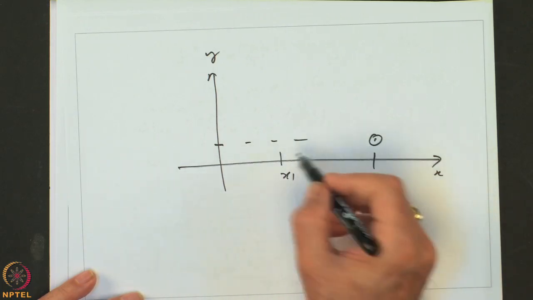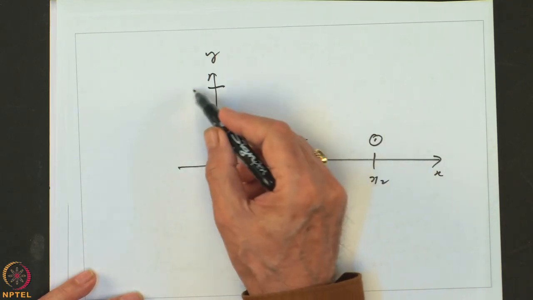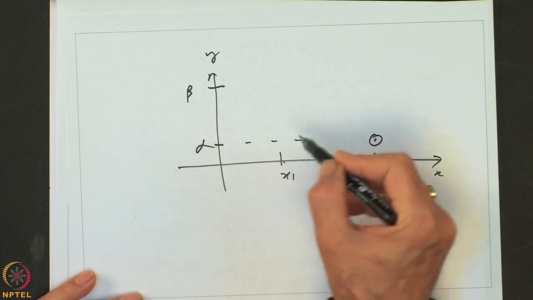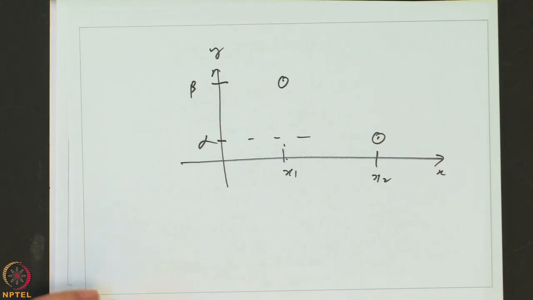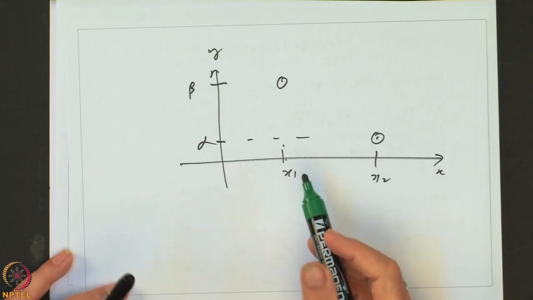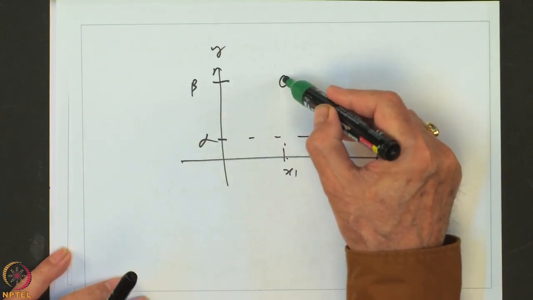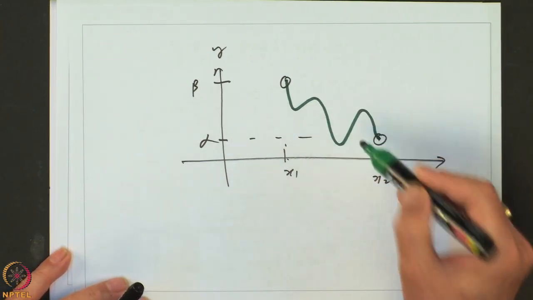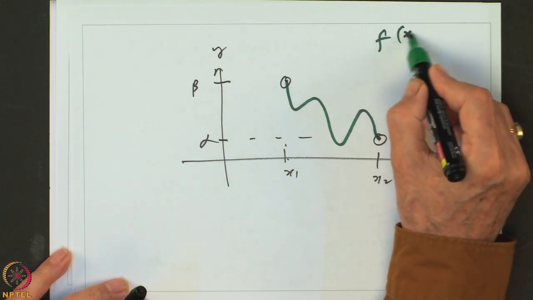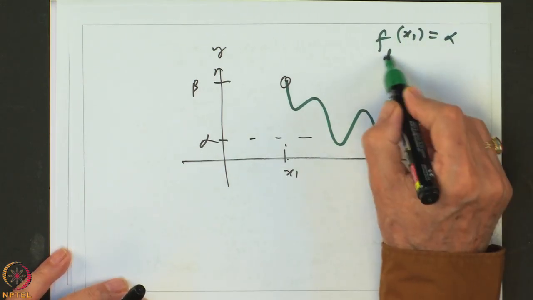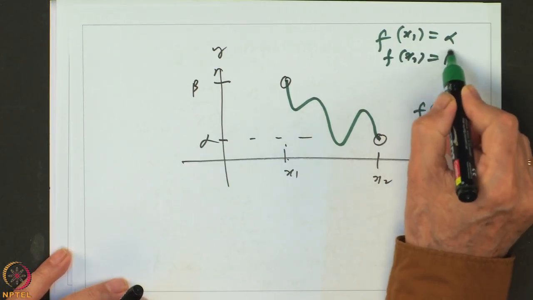At x1 the value is beta, this is alpha, right. So, these 2 points are on the graph. This is the graph of the function f of x. So, f of x1 is equal to alpha and f of x2 is equal to beta.